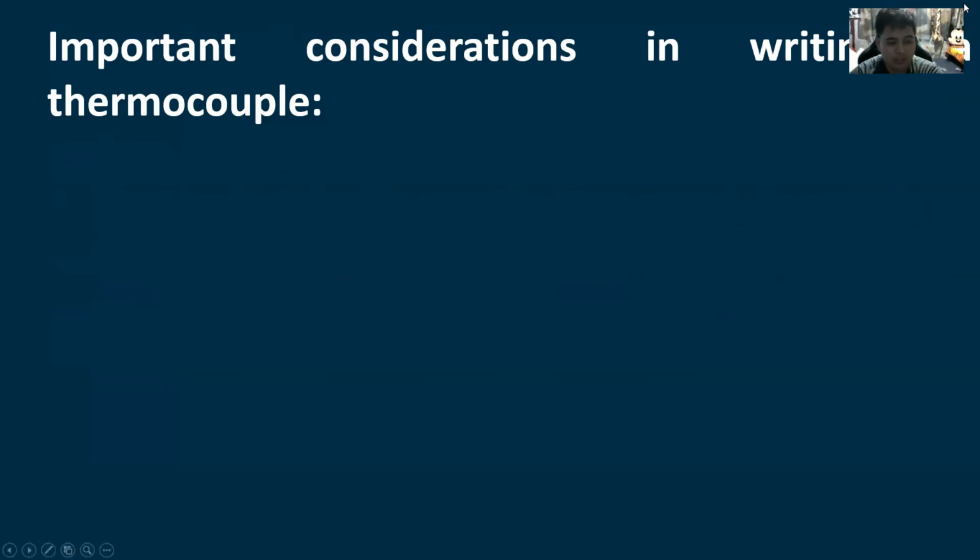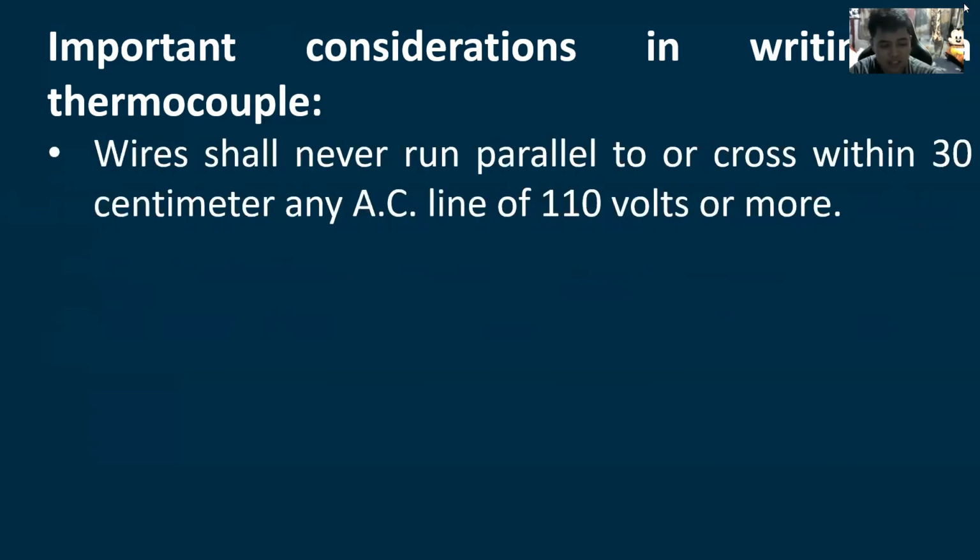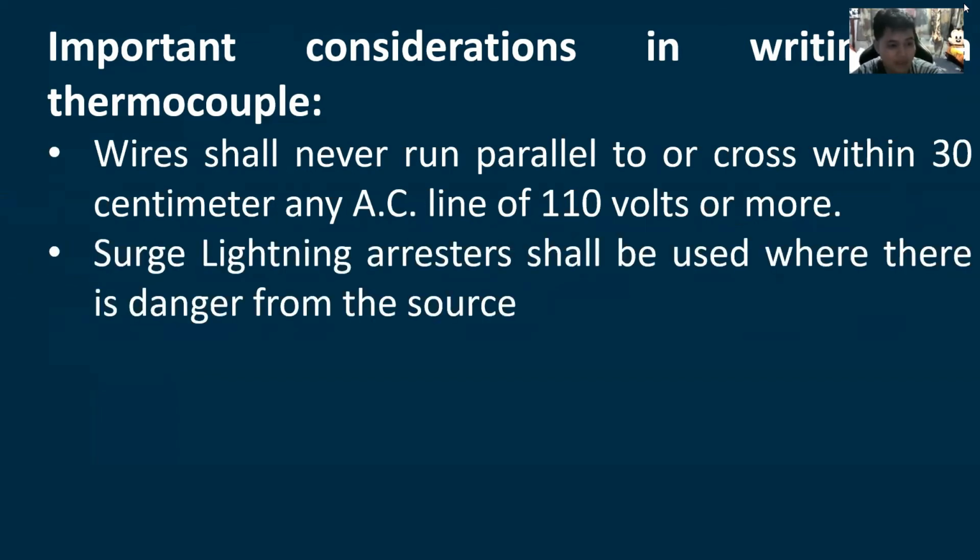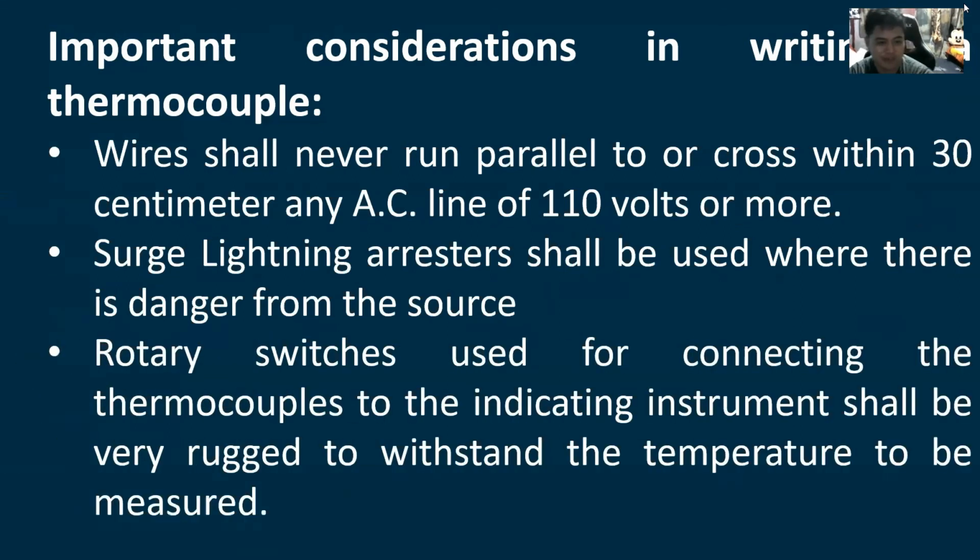Wire shall never run parallel to or cross within 30 centimeters of any AC line of 110 volts or more. Take note of that. Surge lightning arresters shall be used where there is danger from the source. Rotary switches used for connecting the thermocouples to the indicating instrument shall be very rugged to withstand the temperature to be measured.